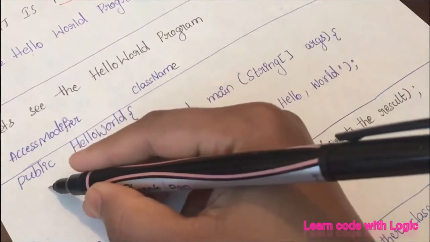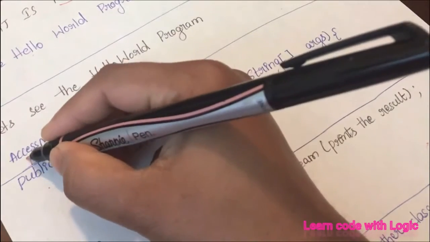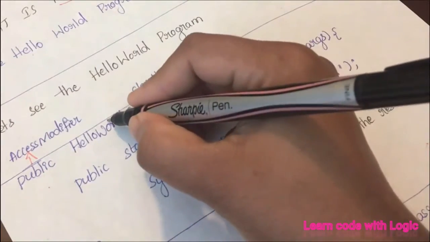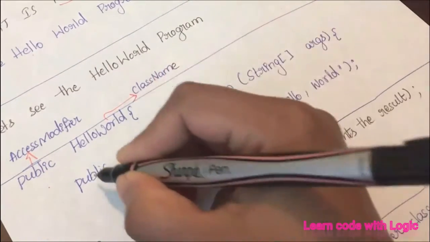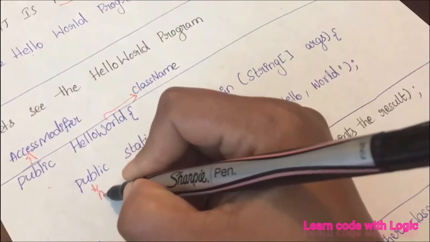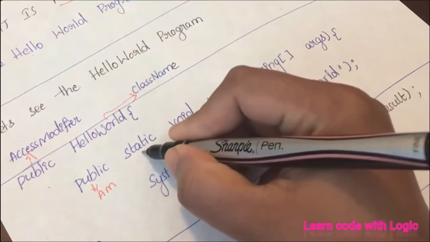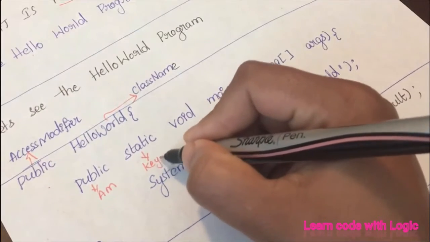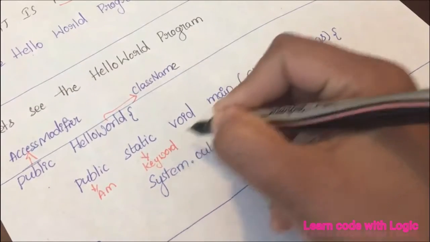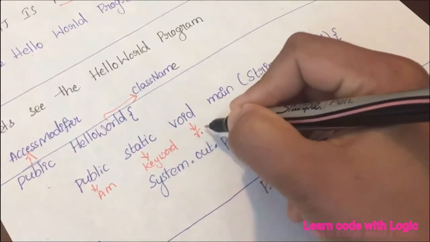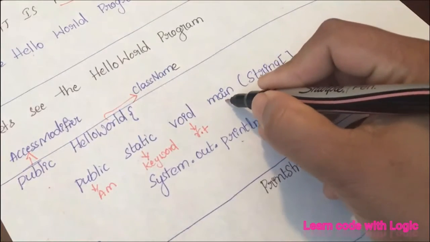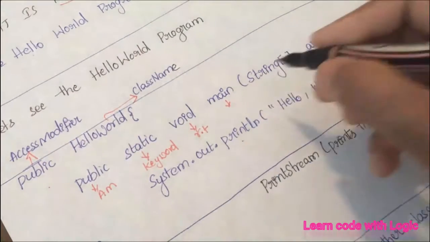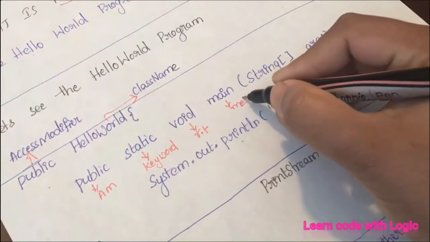So what is this public? Public means access modifier. HelloWorld is the class name here. This is also access modifier. And static is the keyword. Void is the return type. Main is the method here.